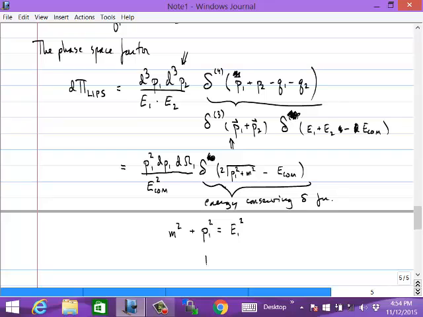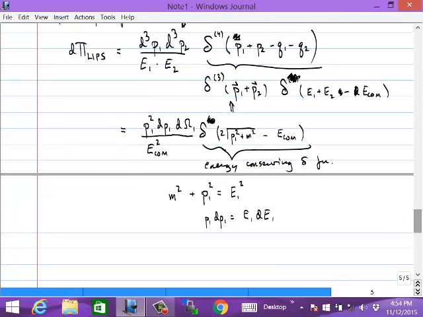So in particular, I want to think of, instead of an integral of dP1, an integral of dE1. And so we have P1 dP1 is equal to E1 dE1, so that this Lorentz invariant phase space factor becomes P1. In this denominator here, I called that E center of mass, but of course that's the same as E1 up to some factor of 2. So just to keep everything clear, I'll call that E1.